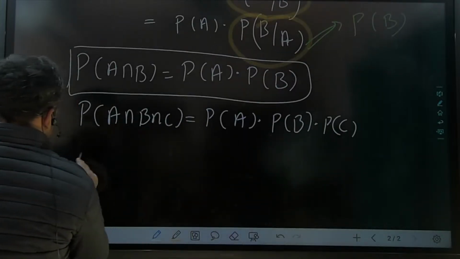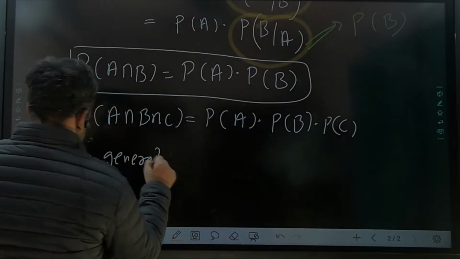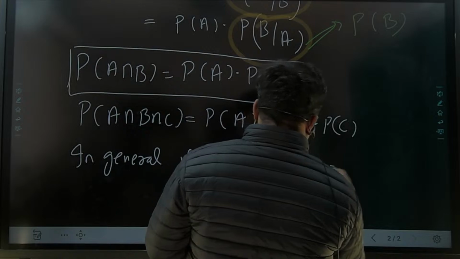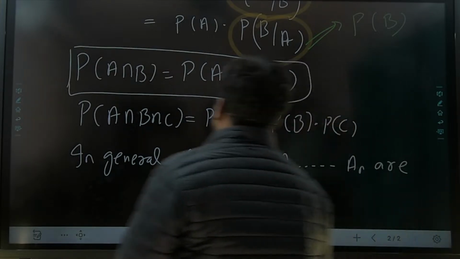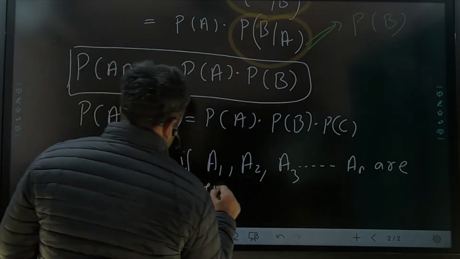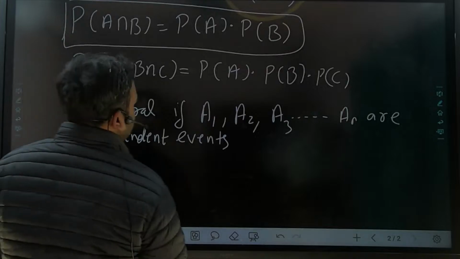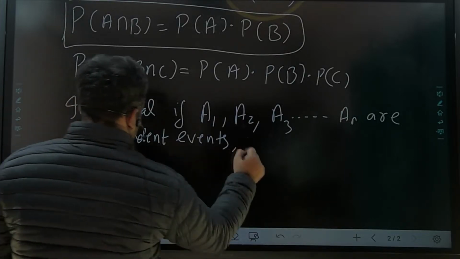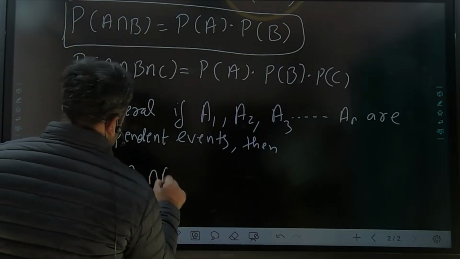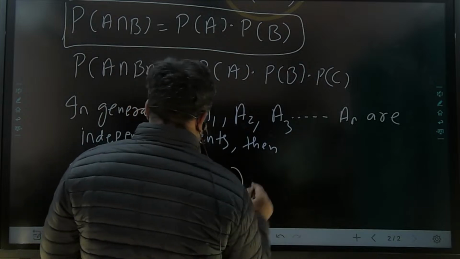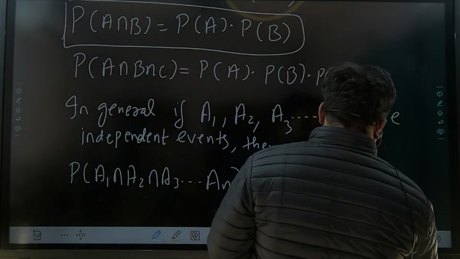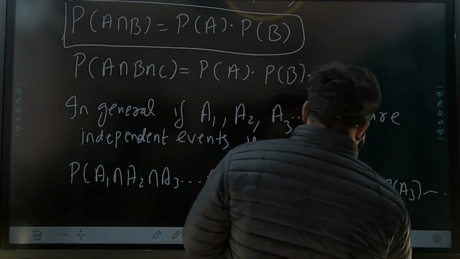So in general, what we can say? In general, if A1, A2, A3, let's say up to AN are independent events, then probability of A1 intersection A2 intersection A3 going to intersection AN is equal to probability of A1 multiplied with the probability of A2, multiplied with the probability of A3, keep on going, multiplied with probability of the nth event.